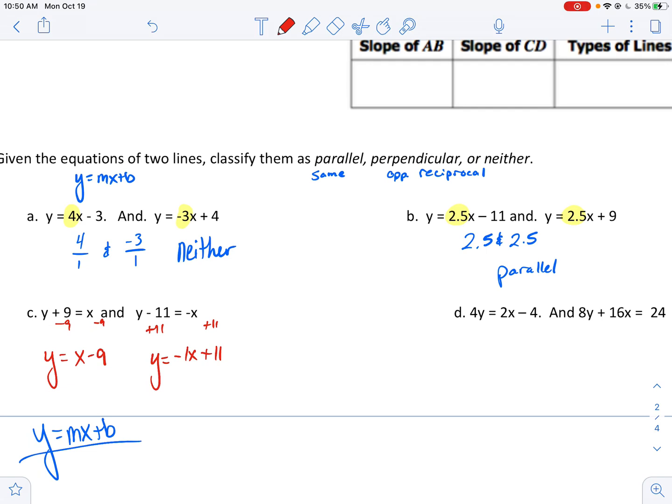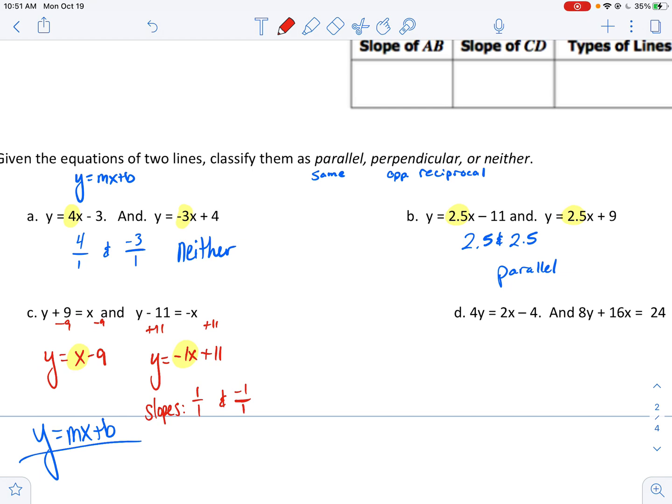So let's look at our slopes. I've got 1x and I have negative 1x. Or I have 1 over 1x and I have negative 1 over 1. And they're not the same numbers, so they're not parallel.